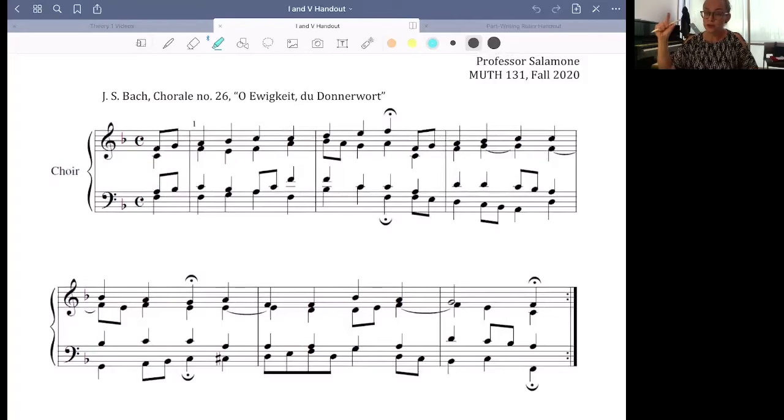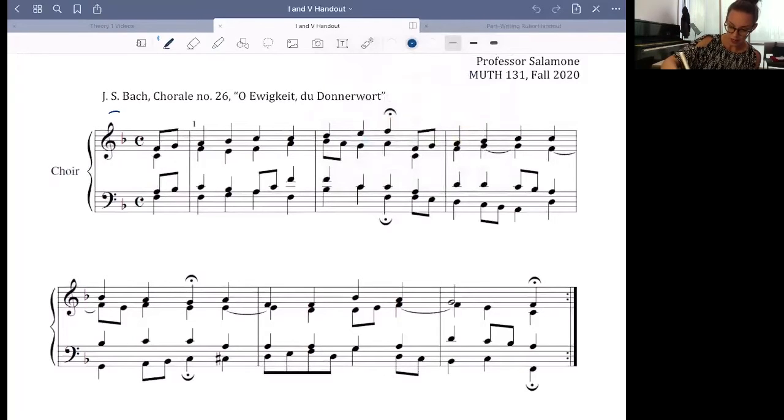You have 2 voices in what would be the right hand of the piano and 2 other voices in the left hand. And I will, over the course of the semester, refer to these voices as if we were referring to voice parts.